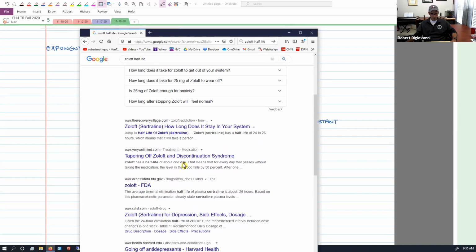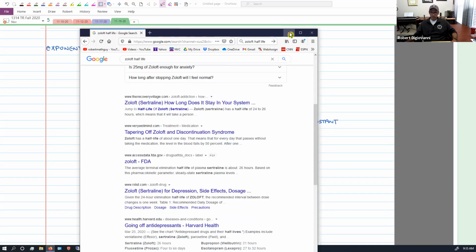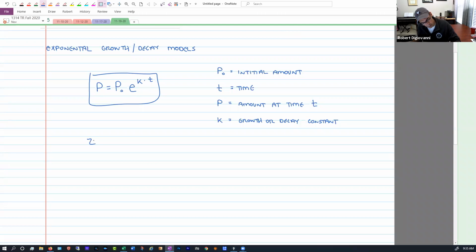Is that important or no? No, it's just for anxiety. A lot of people take it just to help with it. Okay, Zoloft, anxiety. So we've got this drug Zoloft. It has a half-life of 26 hours.